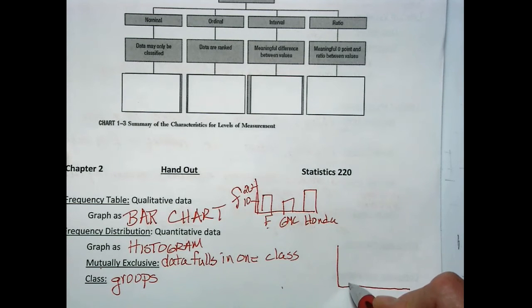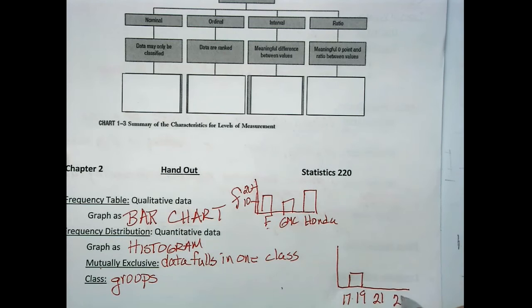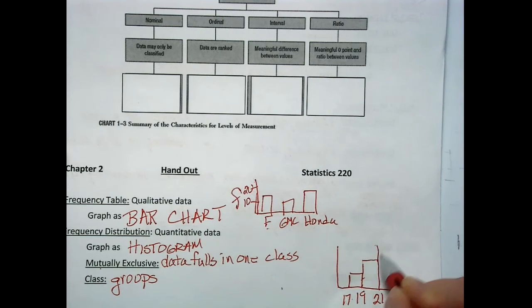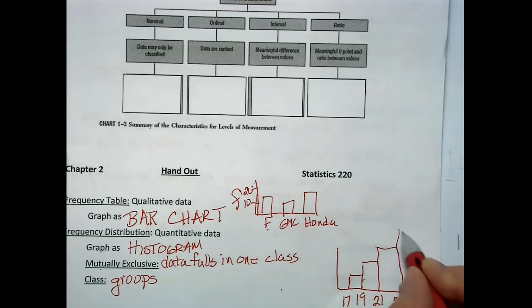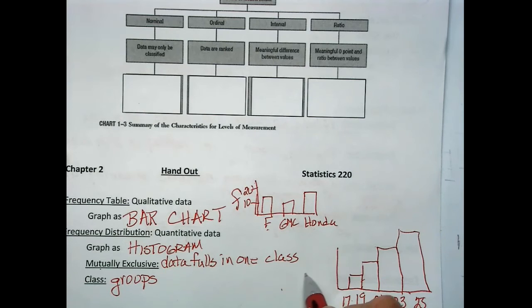might be the age here at Hudson Valley. Maybe we have 17 to 19 to 21 to 23 to 25. Okay, and this also is frequency.